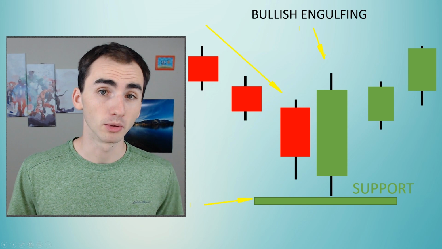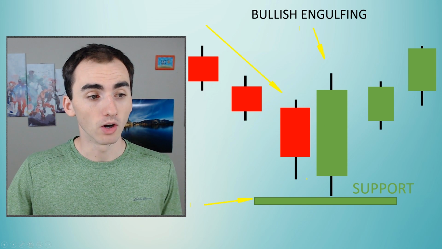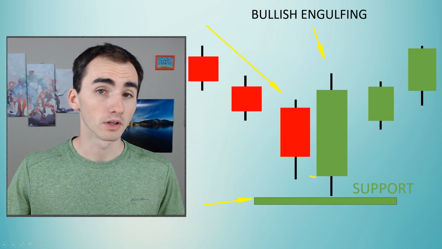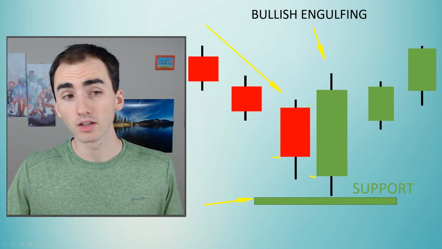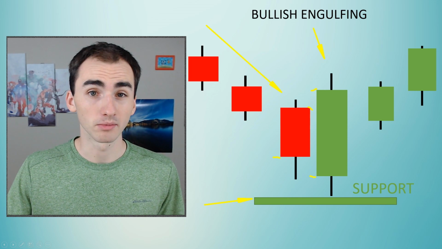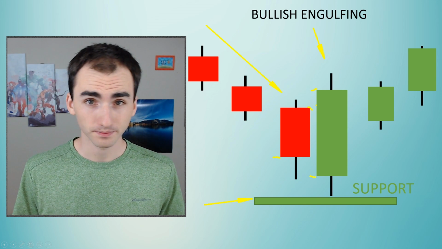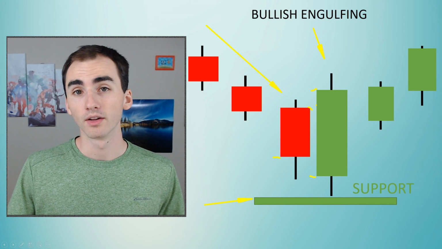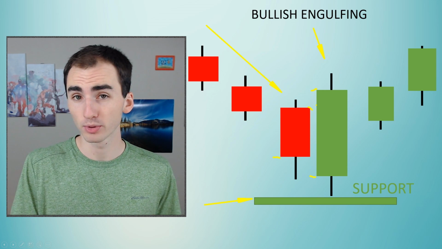How this bullish engulfing candle has to form is the open has to be lower than the close of the previous candle, and the close also has to be higher than the previous open. So it's engulfing and taking up the whole candle of the previous day or previous candle.